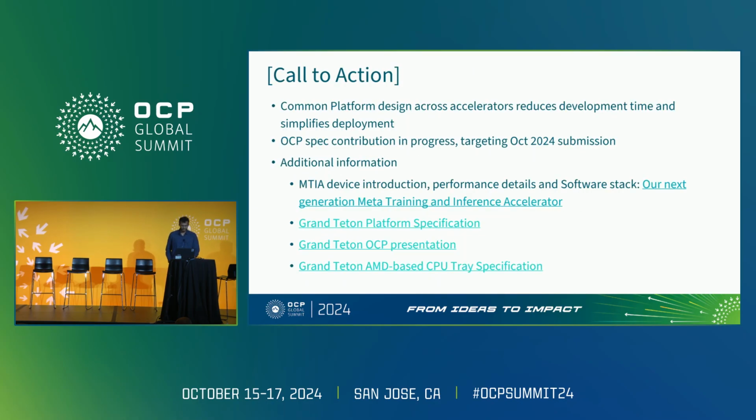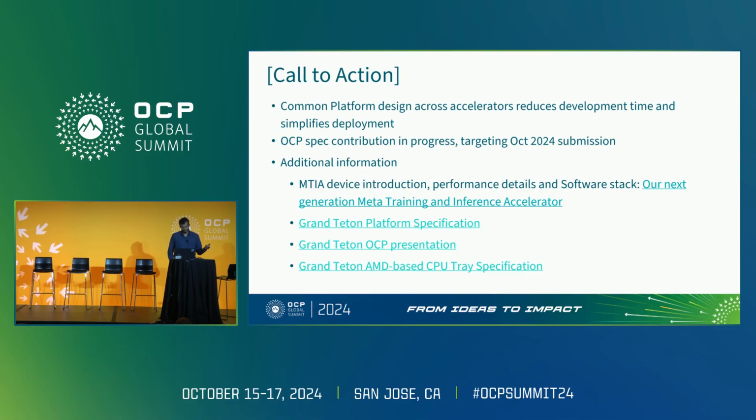So overall, this is an example of a base platform having a lot of flexibility, so we can leverage the same platform to support different use cases. That's something that we look for in our future platform designs as well. The specific OCP spec is in progress for the new blocks on the system.